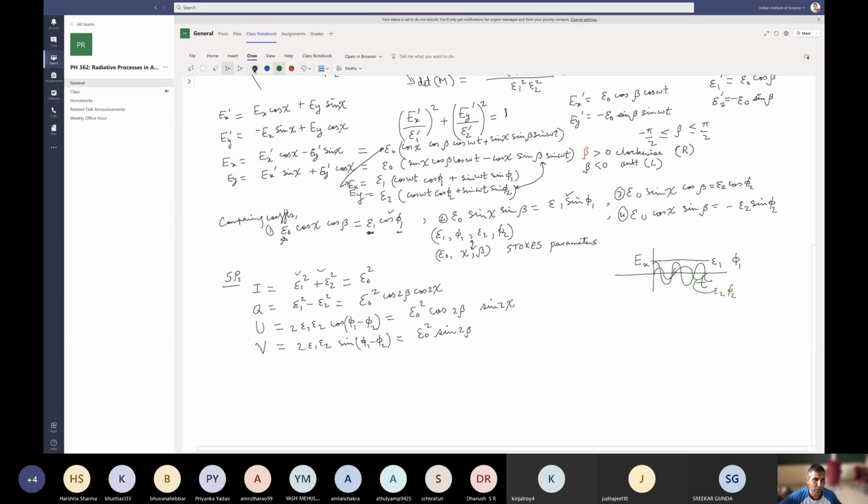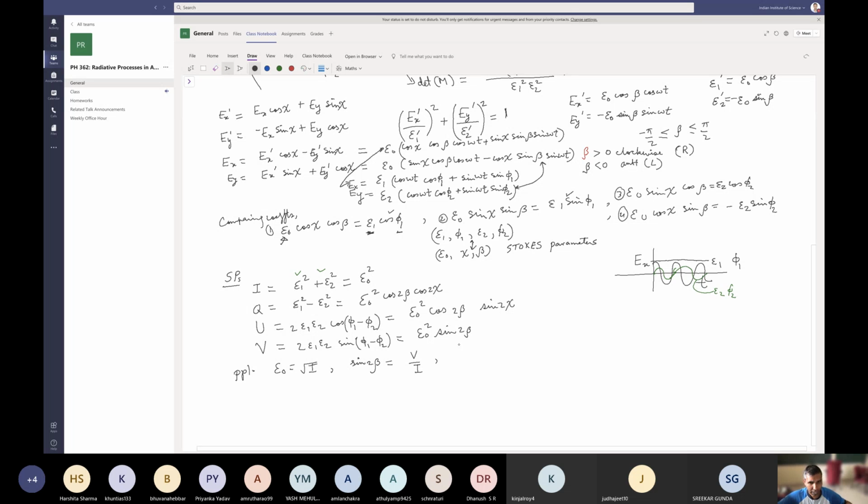And once you have those, you can calculate your epsilon naught, your chi, and so on. So these principal axis quantities are: epsilon naught equals square root of I, and sine 2 beta is equal to V by I. This is simple, just a ratio of these.